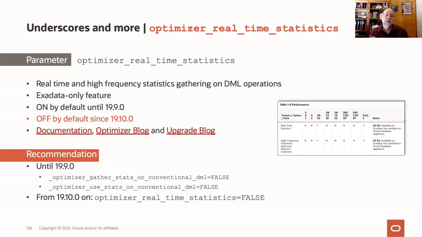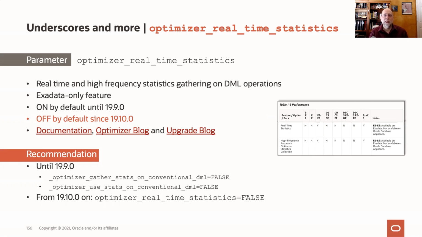Optimizer real-time statistics. This is a new feature in 19c, and it's an Exadata only feature. What it does is it gathers basic statistics when you're performing DMLs, such as inserts, updates, deletes, and data loads. The problem is that it can use a lot of resources if you're performing, say, a highly parallel Data Pump import, and you may or may not want it enabled all the time, even on an Exadata system.